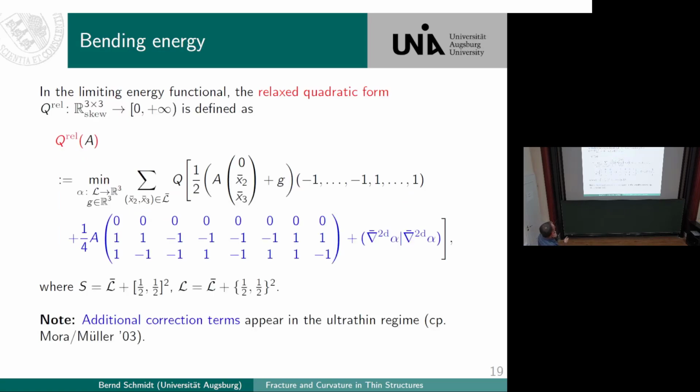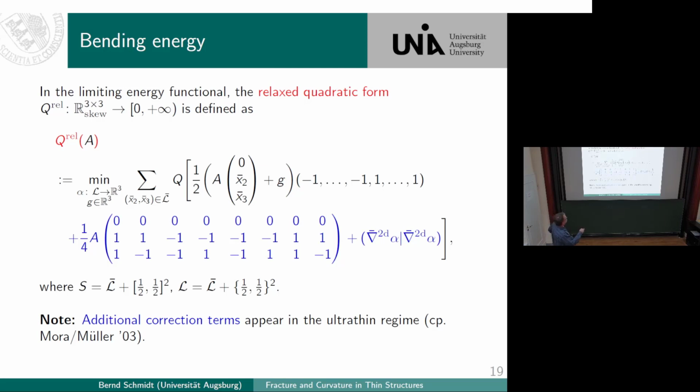If you know the formula in the continuum, it's almost like the formula in the continuum. There is some kind of minimization you have to do in order to account for warping of the cross section, but it's only a discrete minimization problem, not a continuum problem in our case. And this matrix A is exactly where we now have to plug in our curvatures and torsion.